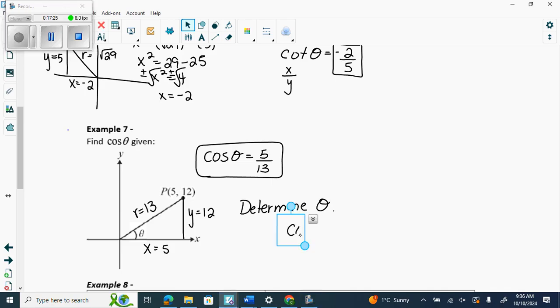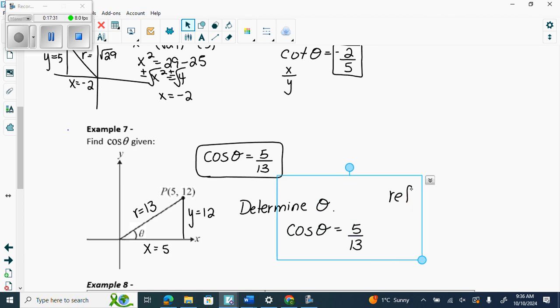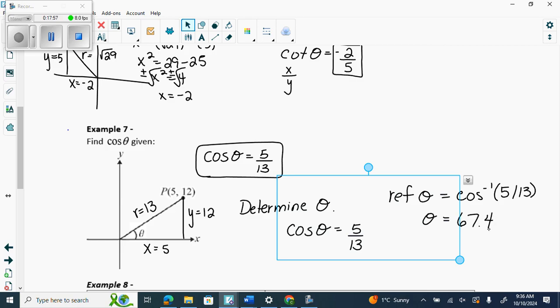So we have cos theta equals 5 over 13. If we want the reference angle, we use cos inverse of the positive. What's the cool thing about this one, which is in quadrant 1? The reference angle is theta. Quadrant 1's reference angle and theta are the same. Yes? So what do we get? All right? You agree?